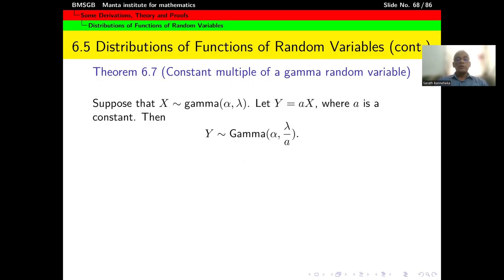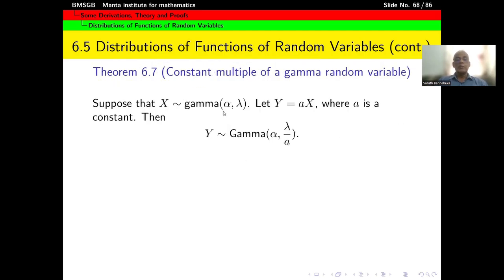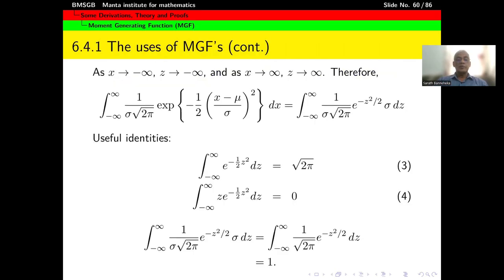You can prove that one also using the moment generating function, because I have given you the moment generating function of a gamma distribution with shape parameter alpha and rate parameter lambda in this table here.